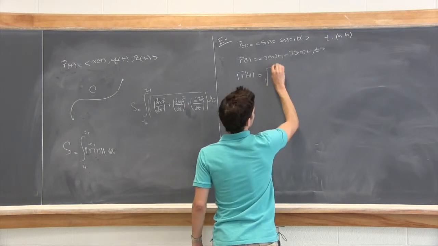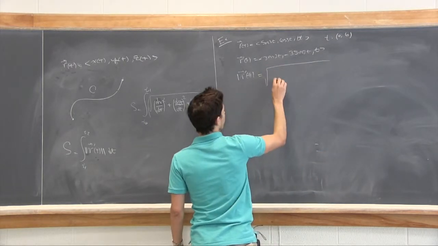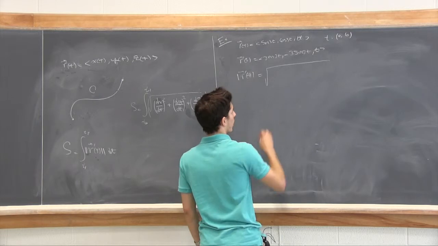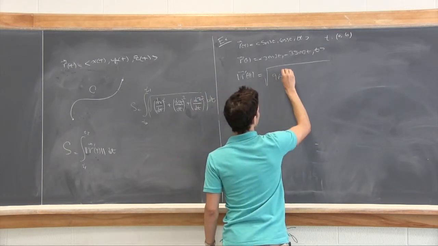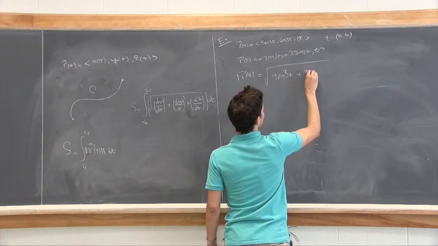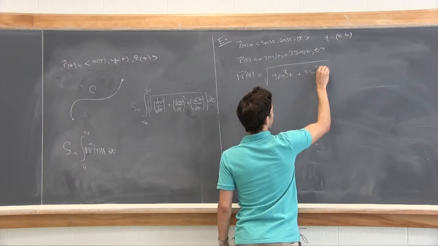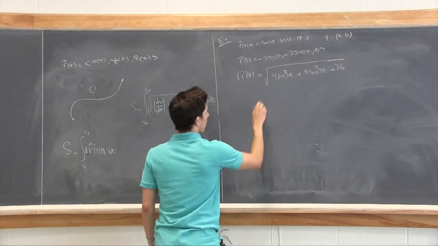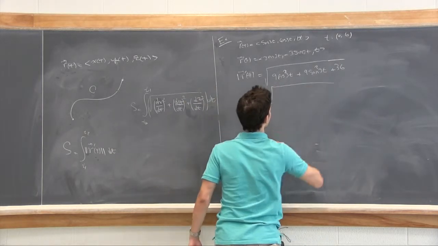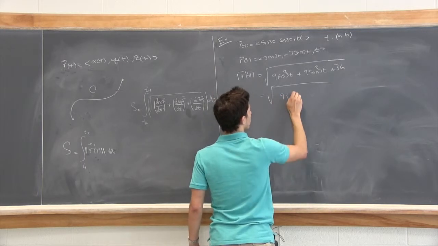Well, that's just going to be the square root of 3 cosine 3t all squared, which is just 9 cosine squared 3t, plus 9 sine squared 3t, plus 36, right? So now what I can do is factor out the 9.